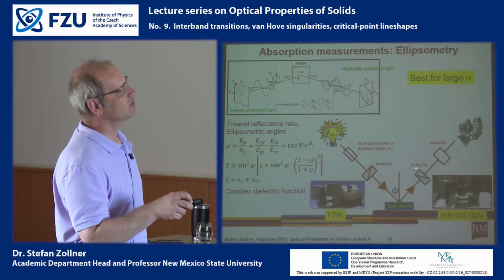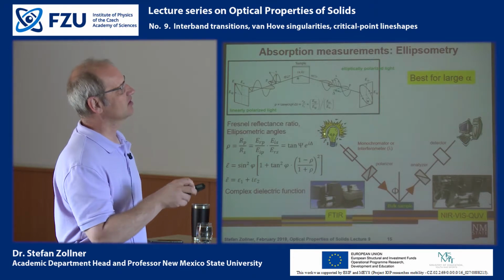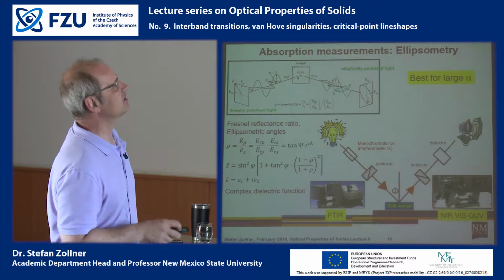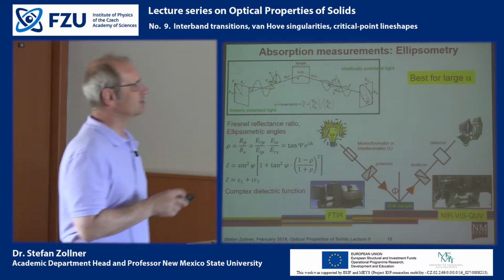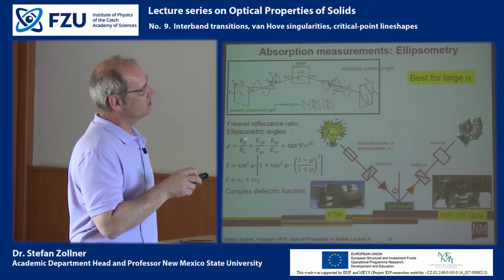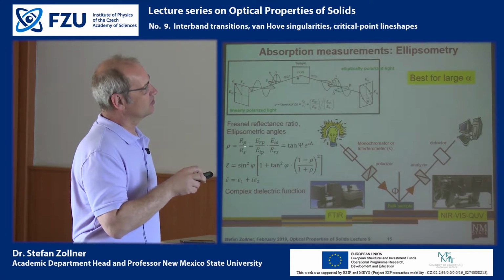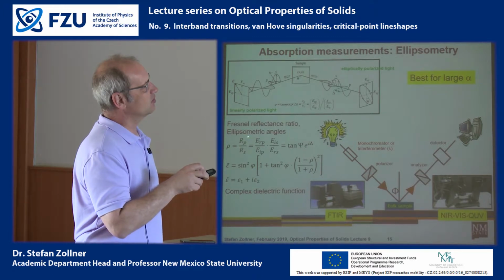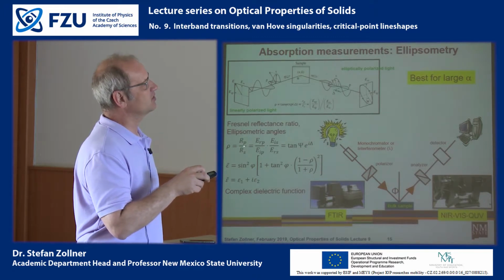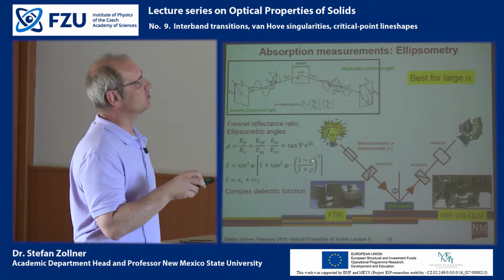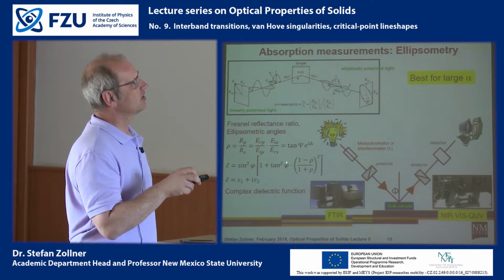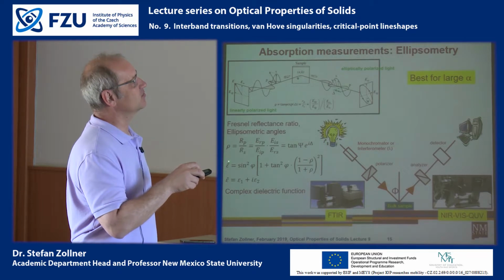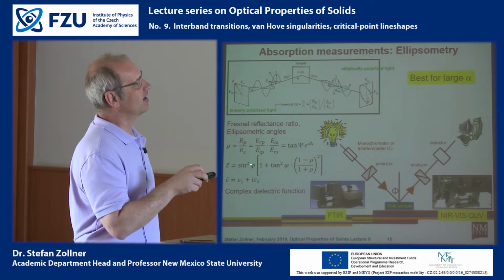We select the polarization state of the reflected light, for example, with a rotating analyzer, and then a detector measures the signal, and from the change in the polarization state of the reflected light we get the reflection coefficients: this is the complex reflection coefficient for p-polarized light, and the complex reflection coefficient for s-polarized light. That's the reflectance ratio. And this reflectance ratio rho can be used to calculate the complex dielectric function if the angle of incidence phi is known.